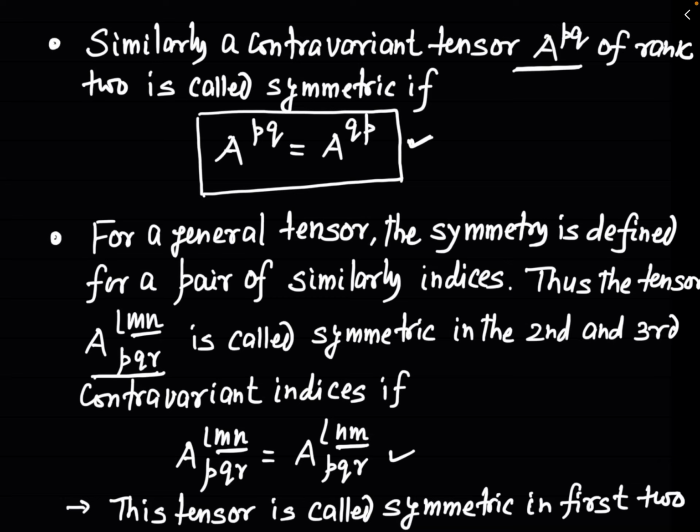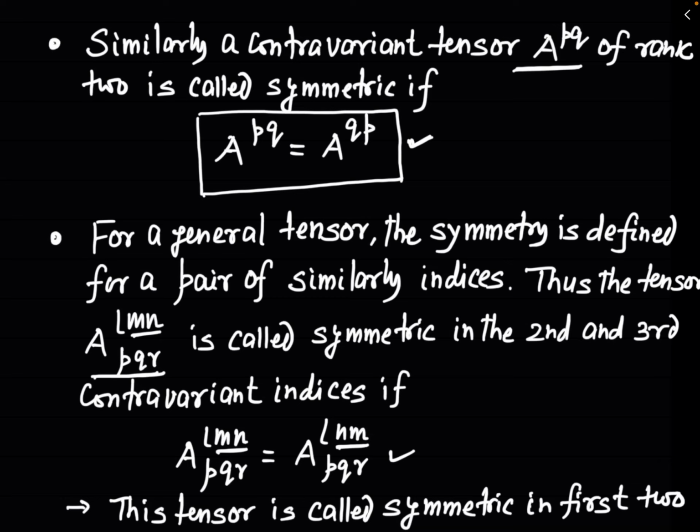In such cases, we always define symmetry with respect to a pair of indices, and that pair of indices must in fact be similar. Similar means those two indices should be either contravariant indices or covariant indices.